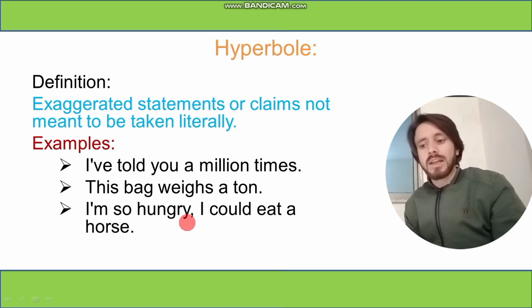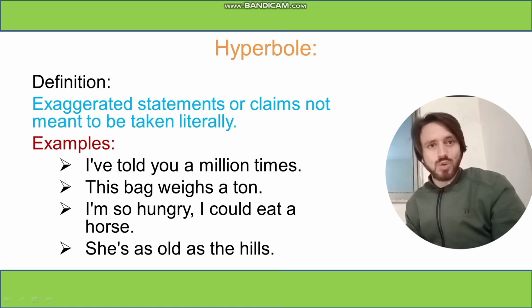You will not eat a horse, but here it is used because it is poetry, a literary device, to make the meaning more clear. She is as old as the hills. She cannot be as old as hills, but it is used. This sentence is simile too.